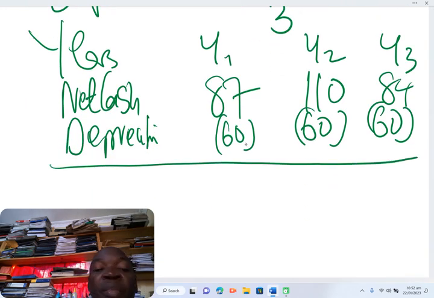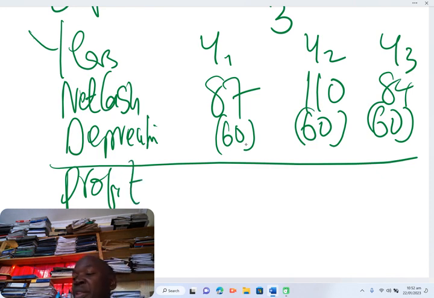Then we have profit. So profit: 87 minus 60, it is 27. 110 minus 60, it is 50.